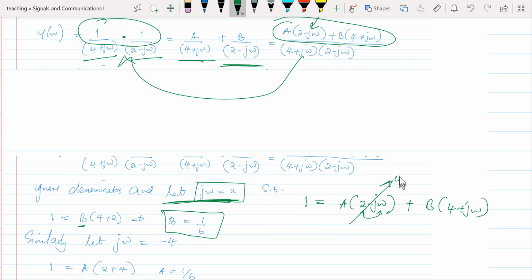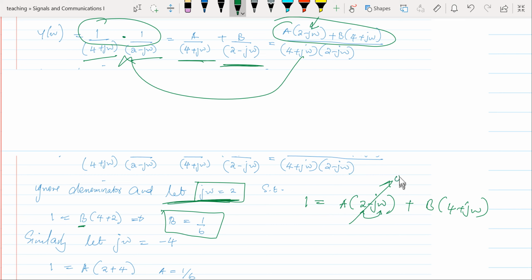Similarly, if we want to eliminate b, we use a similar method. Equate this term to 0, which says that 4 plus j omega equals 0, and therefore j omega equals minus 4.